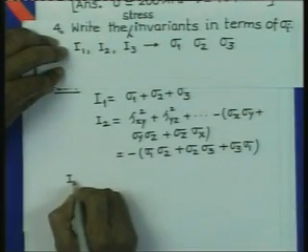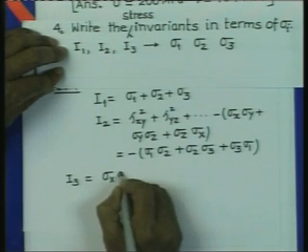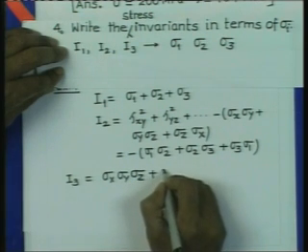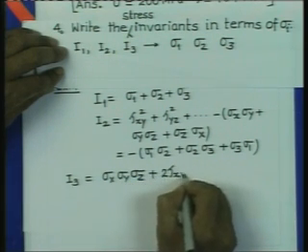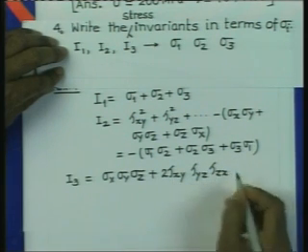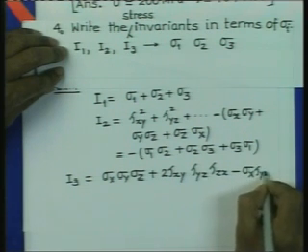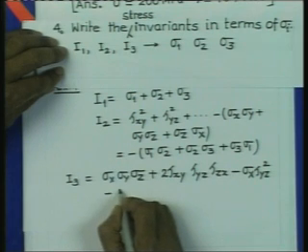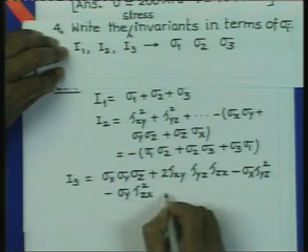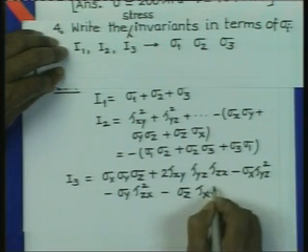Similarly, the third stress invariant is given by sigma x sigma y sigma z plus 2 tau xy tau yz tau zx minus sigma x into tau yz square minus sigma y into tau zx square minus sigma z into tau xy square.